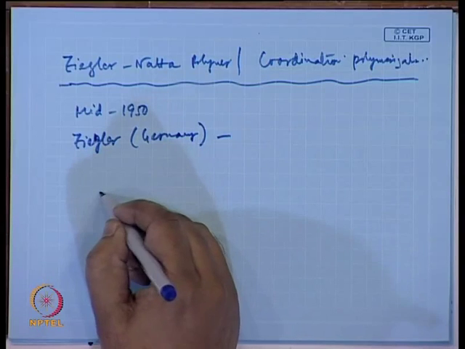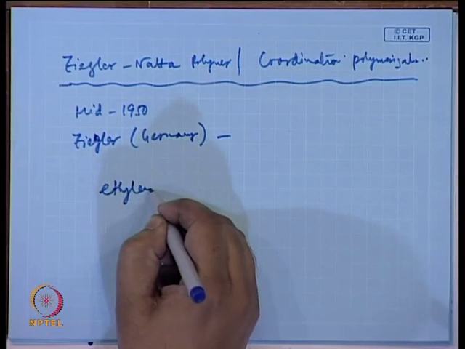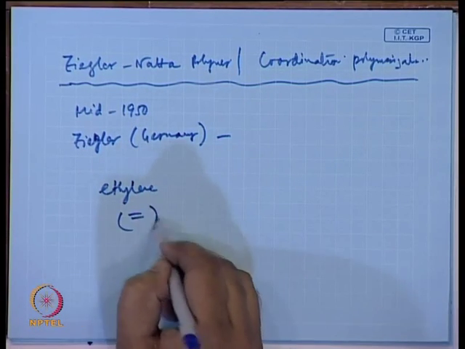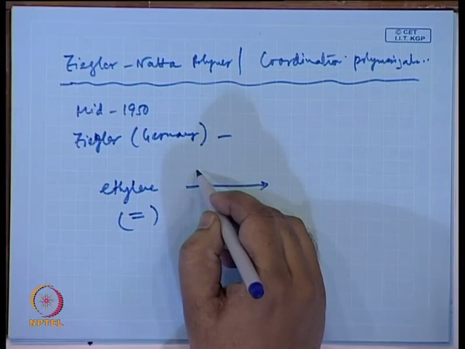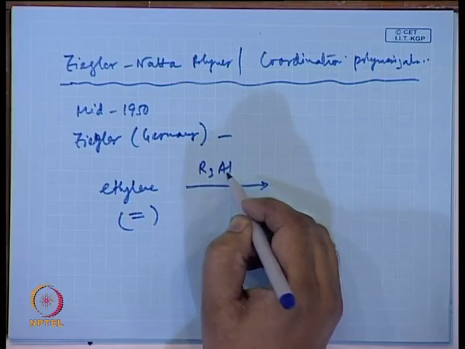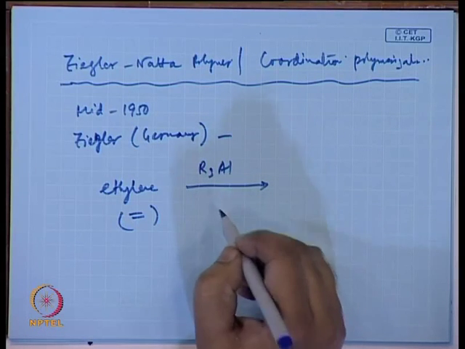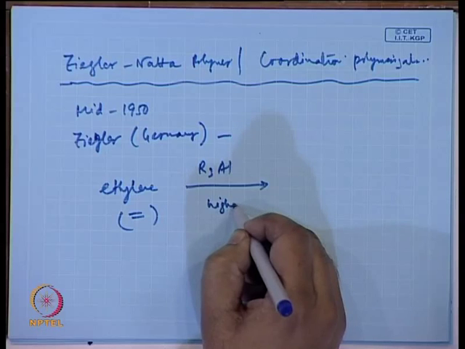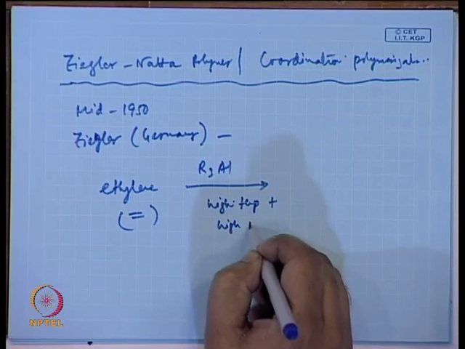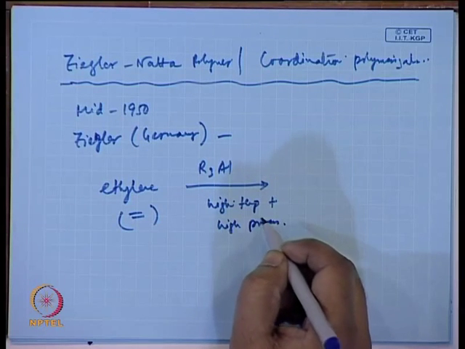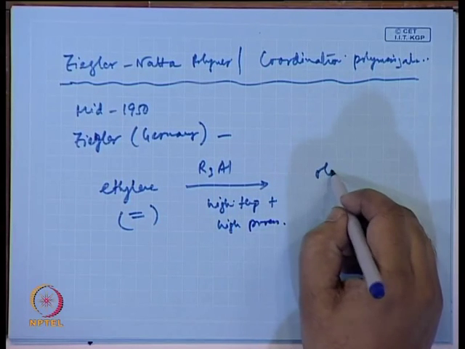was doing ethylene polymerization. So, ethylene in presence of trialkyl aluminum, say for example R3Al, at high temperature plus high pressure, you only got oligomers.